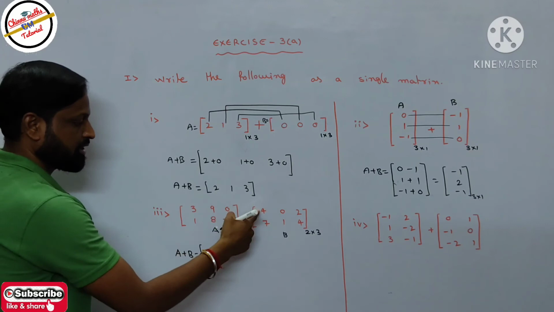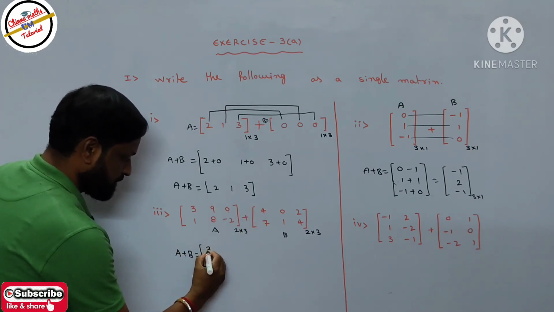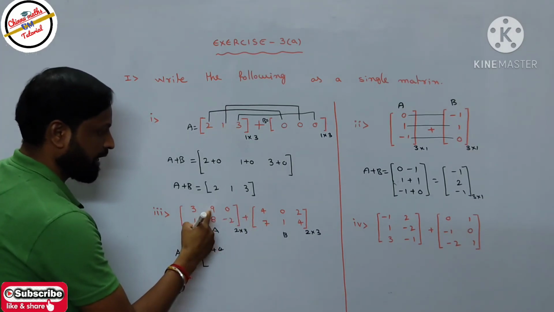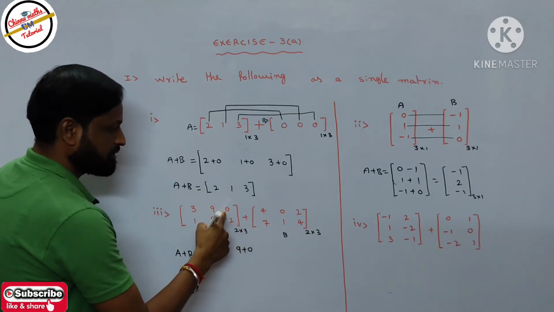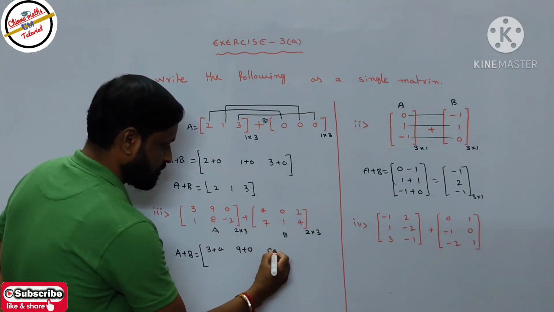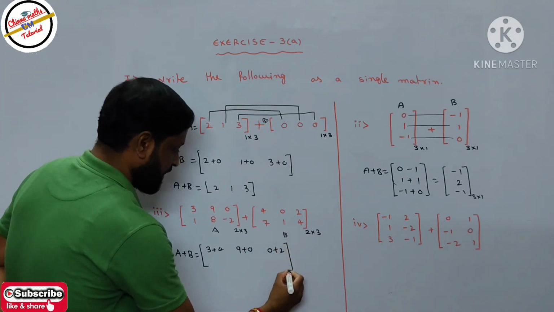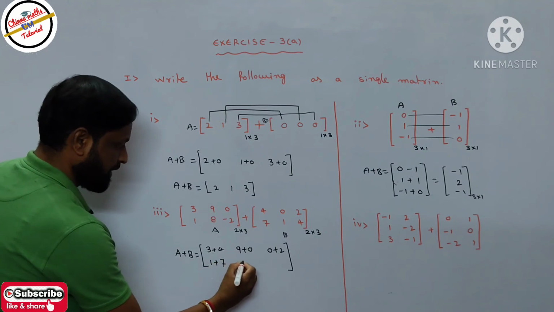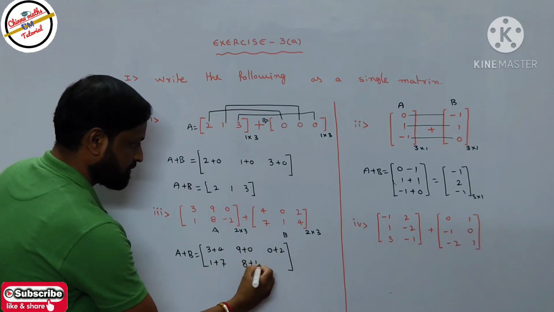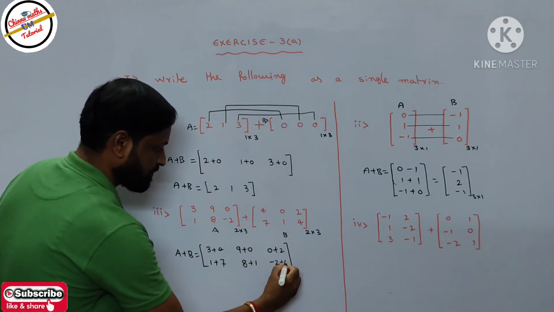Then adding the two matrices, A plus B equals, adding the corresponding elements: 3 plus 4, 9 plus 0, 0 plus 2, 1 plus 7, 8 plus 1, minus 2 plus 4.